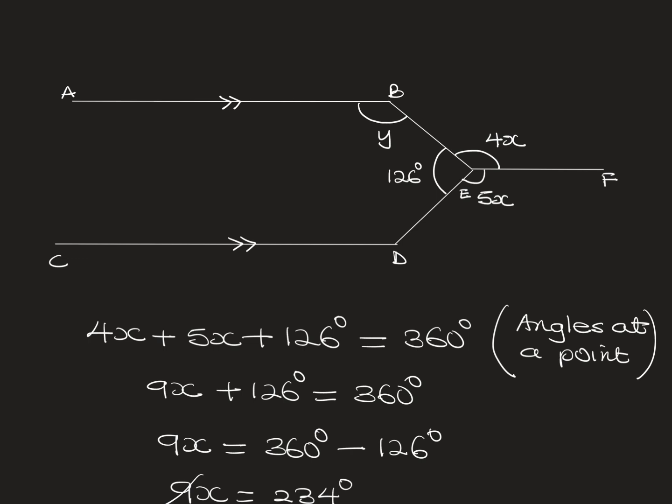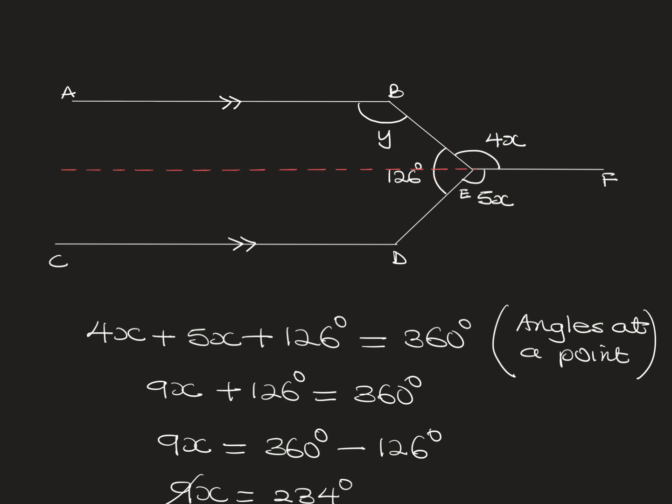So if X is 26 degrees, how will I be able to find Y? Now from the diagram, we can easily introduce another parallel line as indicated here. Okay, so this line is going to pass through point E. If that is the case, we have now divided this 126 degrees, right?